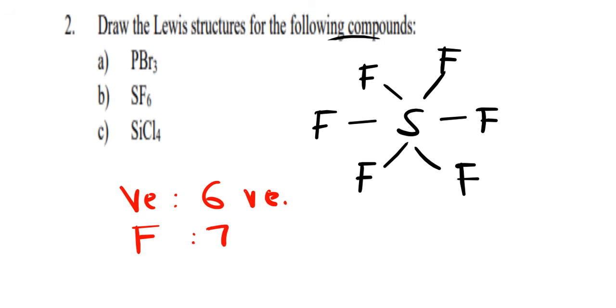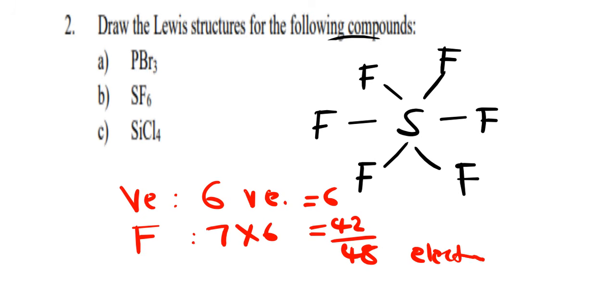Now we have got 6 fluorine atoms, so we're going to multiply 7 times 6. 7 multiplied by 6 is 42. So 6 plus 42, we're going to have 48 electrons. So those are the valence electrons that we have.